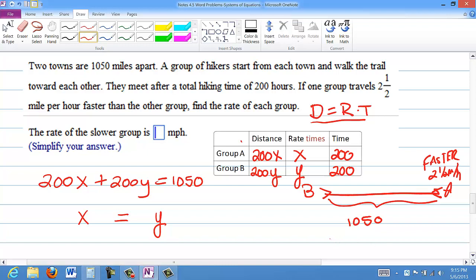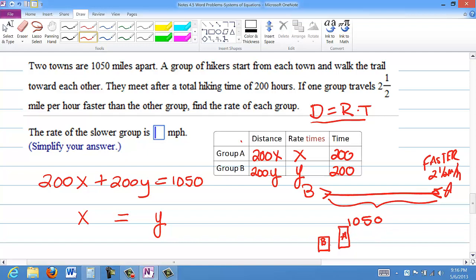Well, it means if I was to visually draw a rectangle that represents the amount of time group B took, and this is the speed of group B, and these guys were faster, so their rate is going to be a larger number. So if he was going, say, 2, they're going 4.5.